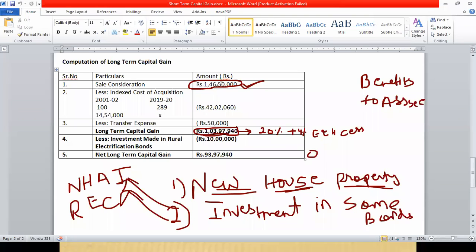Okay. Because you have used this amount for investing in new house property, but there are various other conditions also, that you have to keep that house property for 3 years, etc. We are not going into that much depth. Or your other option is you can invest in the bonds issued by NHAI or REC up to 50 lakh rupees in a financial year.